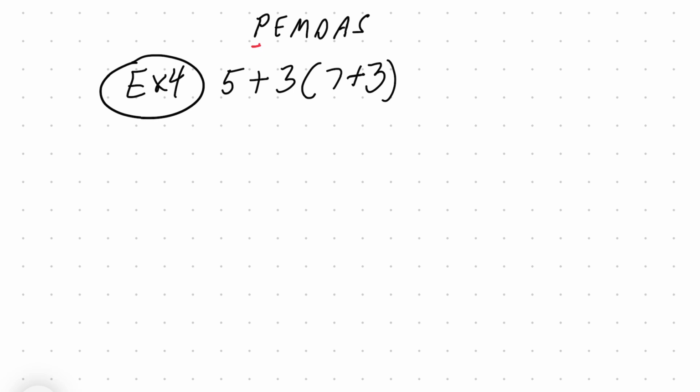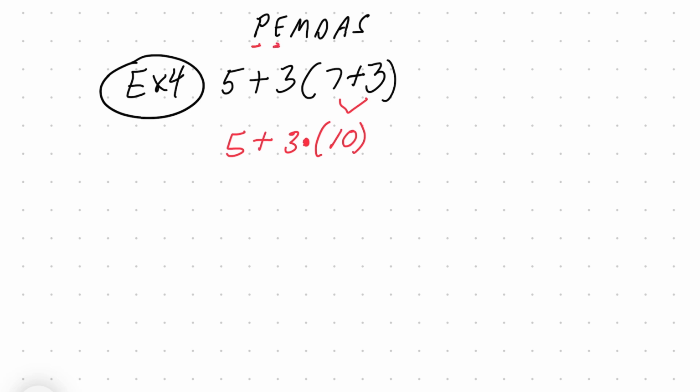So we're going to do the parentheses first. 7 plus 3 is 10. You can keep the 10 in parentheses, or you can remove them. You don't need them anymore. You can put a dot here if you want to, or not. If you put the parentheses, you don't need this dot. But if you take out the parentheses, you need to put that dot, which means times.